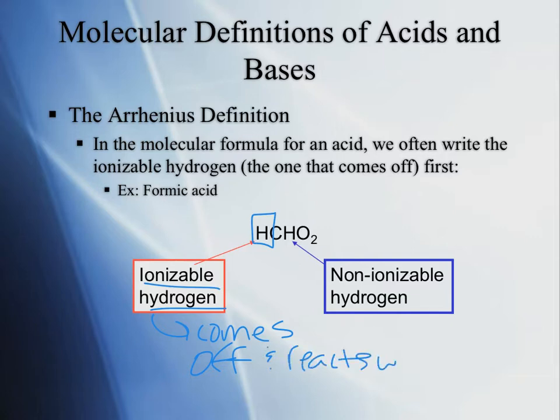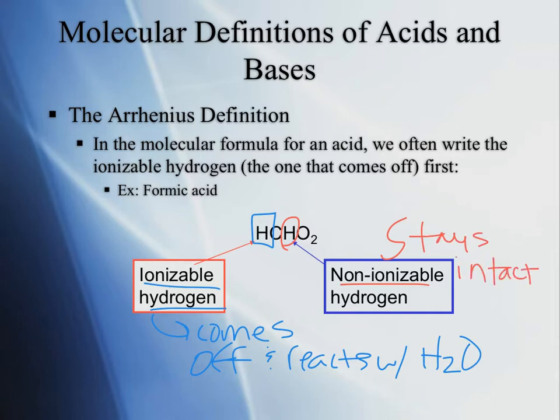We might see other H's behind it, but these are non-ionizable, meaning that they stay intact to the rest of the molecule. So here we're going to have one H come off to give us our H plus floating around to make it acidic in nature, and this other H stays intact. So a real easy way to figure out if something is an acid or not is to see if the formula starts with an H. If it does, it is likely an acid.